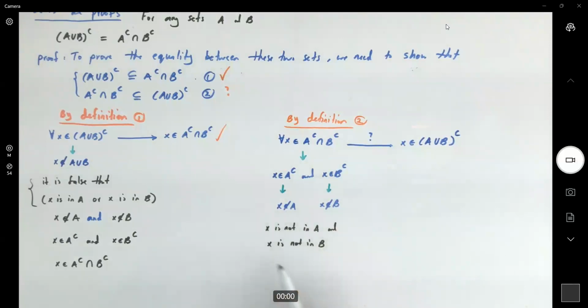So let us use the De Morgan's laws and rewrite this. So it is false that X is in A or X is in B. All right, excellent. But what's the translation here?